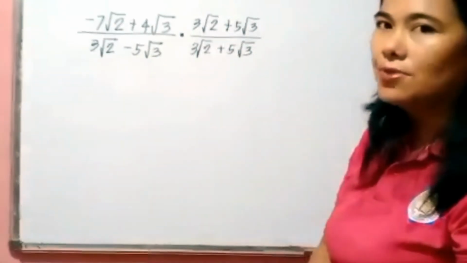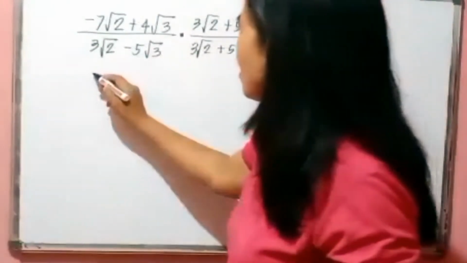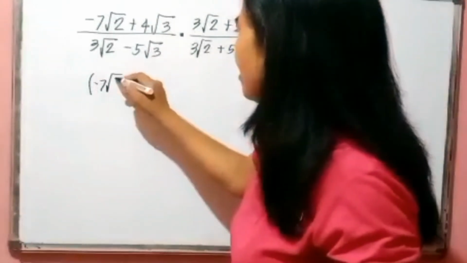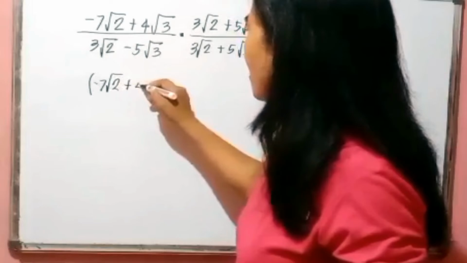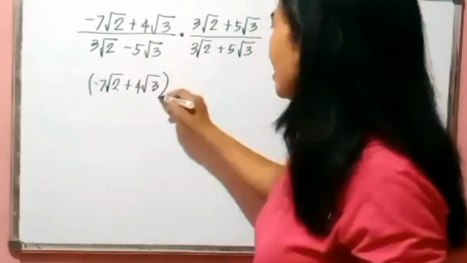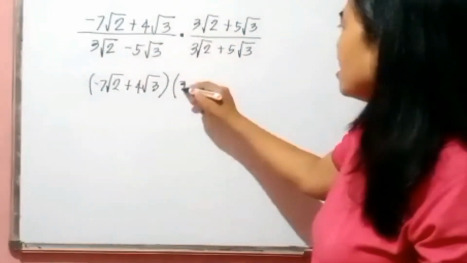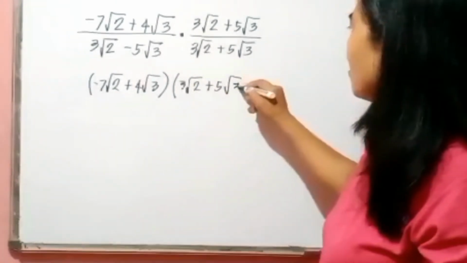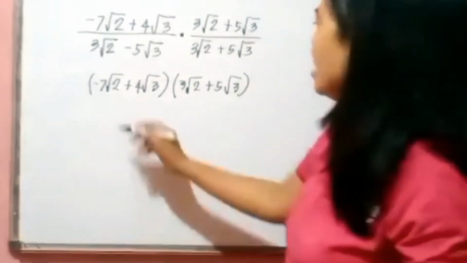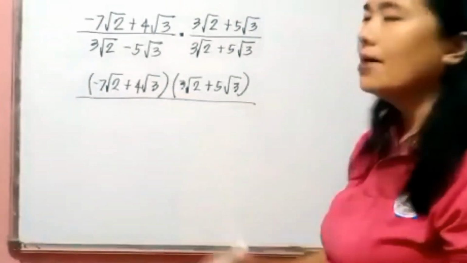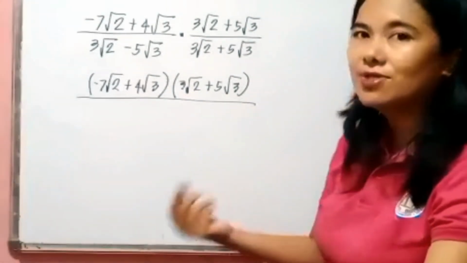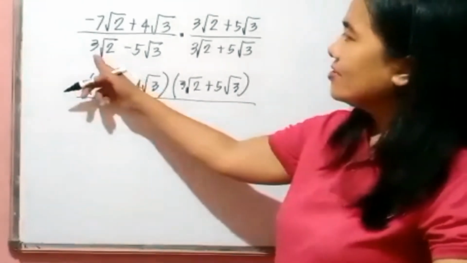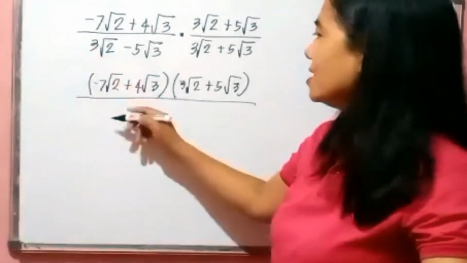Okay. Multiply them horizontally. So, meron tayong negative 7 square root of 2 plus 4 square root of 3 tapos 3 square root of 2 plus 5 square root of 3. Ayan. Tapos, dito sa baba, sa denominator, gamitin mo na yung technique natin. So, si 3, kasi wala siyang radical sign, i-square natin siya.